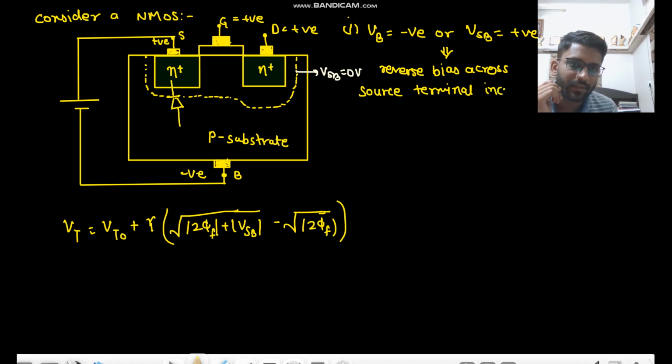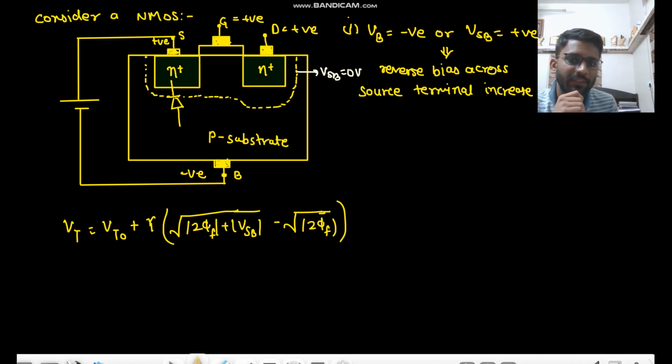Actually, the reverse bias across the drain terminal also increases, but we don't need to think about it now. We just need to think about the source terminal here.